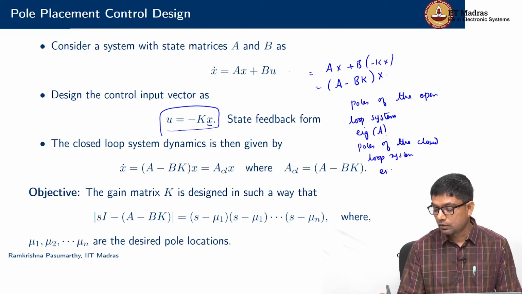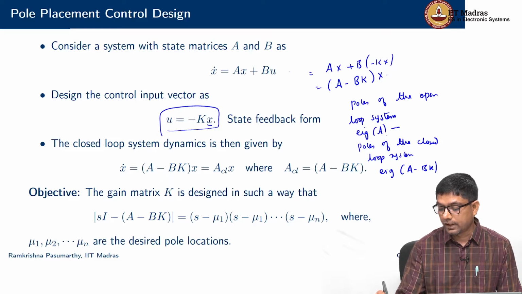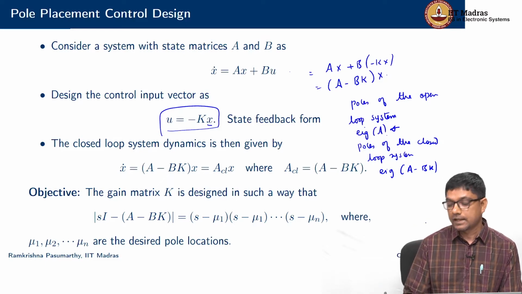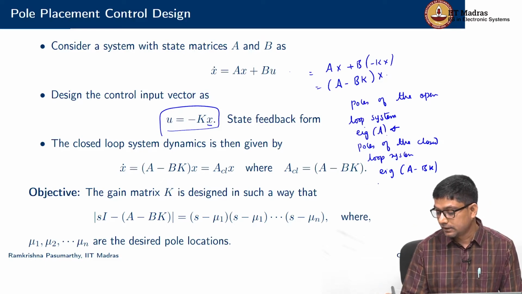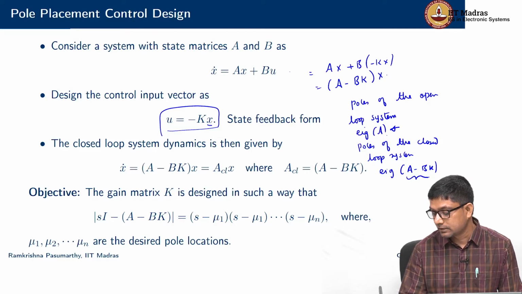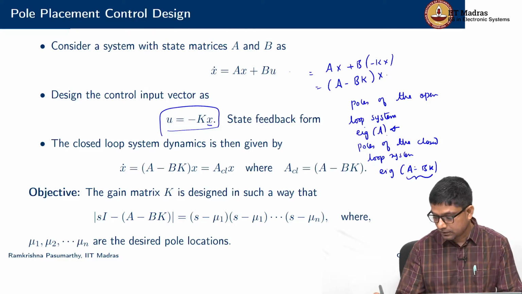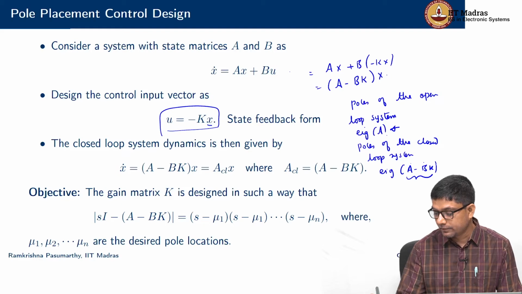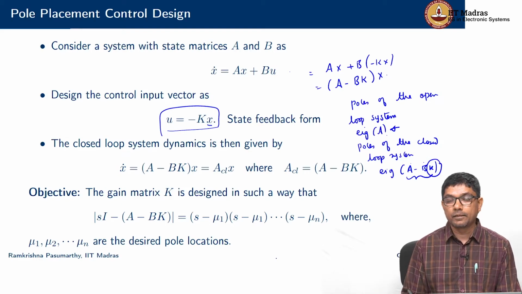These are now the eigenvalues of A minus BK. So, if eigenvalues of A are not satisfactory, these are the eigenvalues of the closed loop system. Of course, A is given, B is given, and the only change that I can make is K.